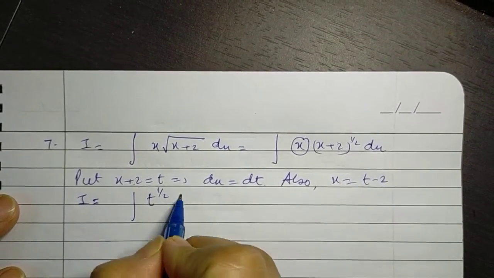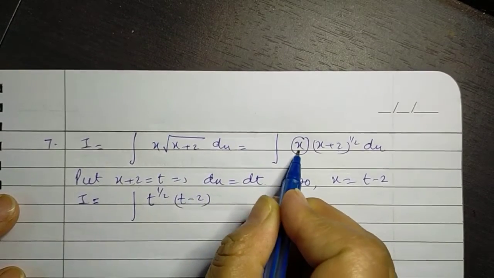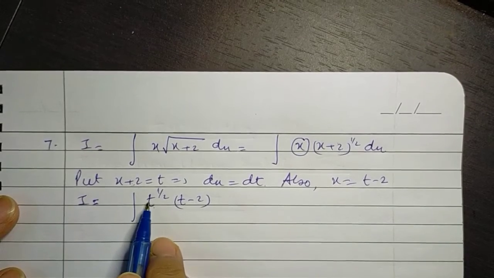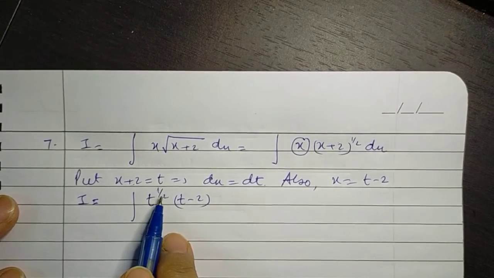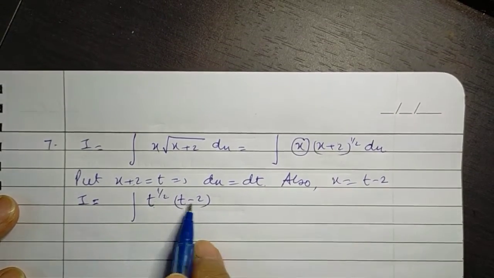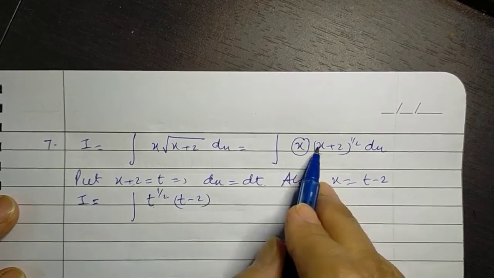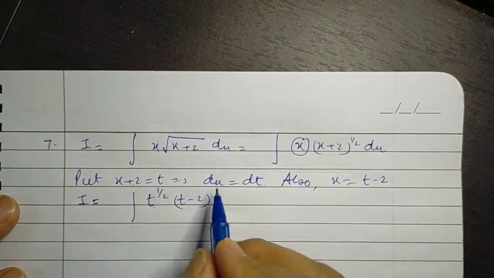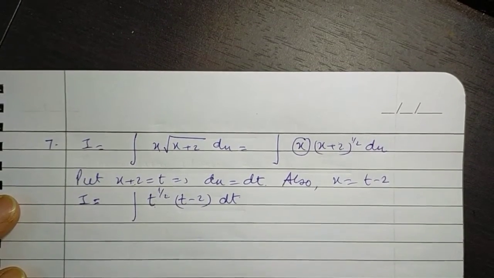So you write here t minus 2 for this x, and this x plus 2 becomes t. So we get t raised to power half, t minus 2 in place of x, and in place of dx you write dt.